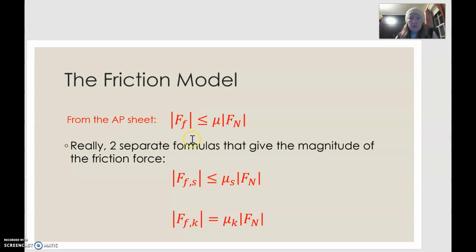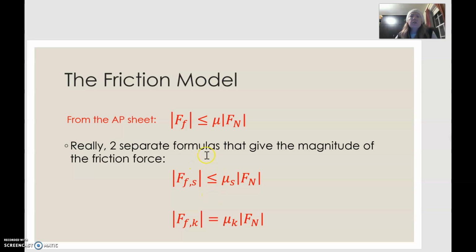You'll see these absolute value signs around the forces because the direction is going to be based off of your free body diagram, like the situation, which way is it going to slide, or which way is the applied force pulling or pushing, and then which way would it slip or slide if it could. Then friction would point the other way.